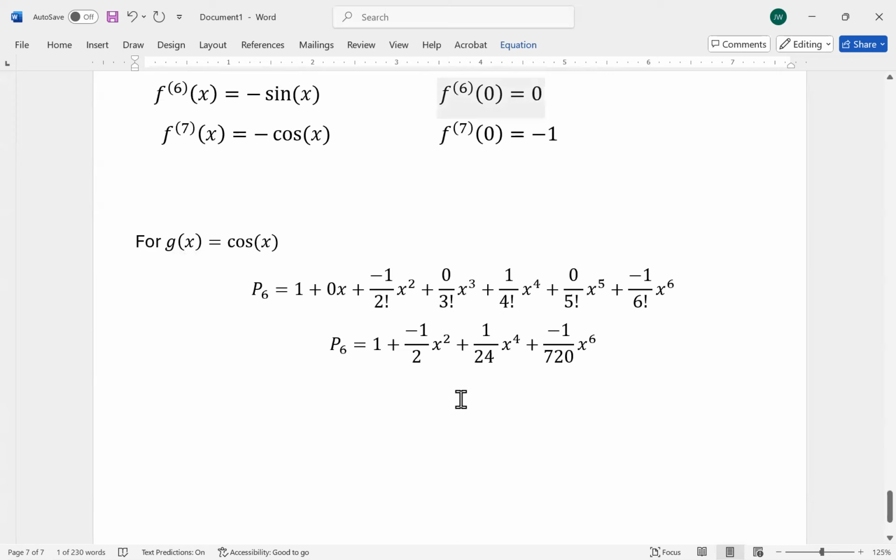And cosine was an even function, and we're just picking up the even powers of x when we center at 0. If you center it someplace else, then bets are off. But centering at 0, this is what we get. So we can find a Taylor polynomial for sine and a Taylor polynomial for cosine centered at 0. Those are also known as Maclaurin polynomials for sine and cosine.